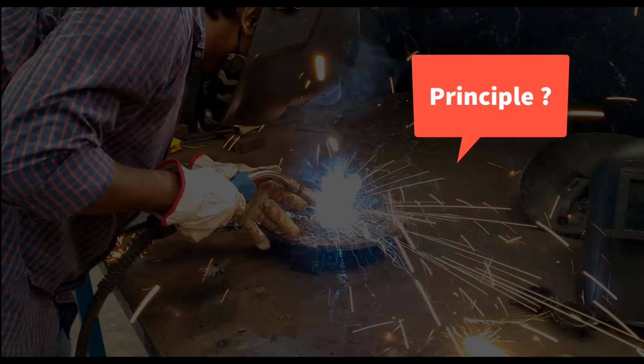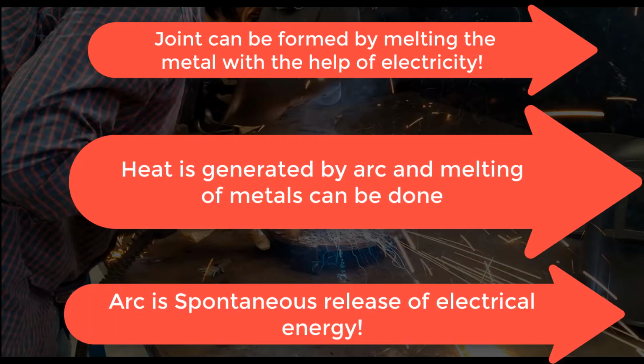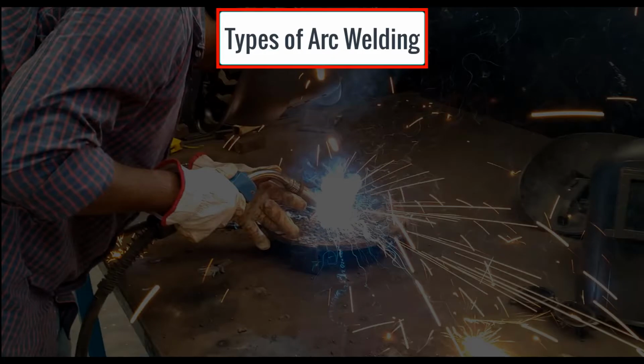In today's session we are going to perform the practical of metal inert gas welding. This process is under the category of arc welding, so here also we use electricity and an arc is generated.